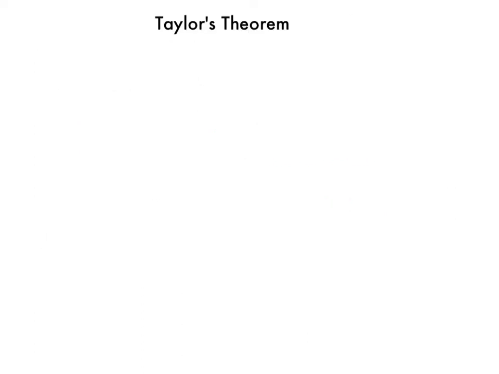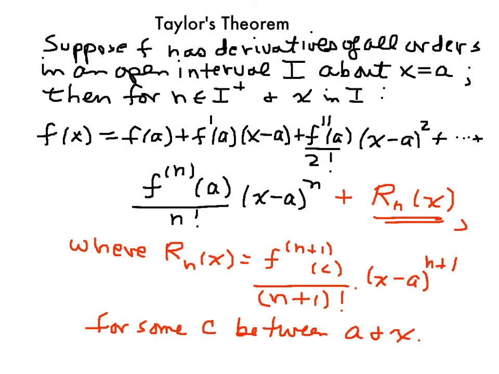Okay, so now let's put down what Taylor's theorem says, and Taylor's theorem is what gives us that first handle on how to compute an error in general. Okay, so here is what Taylor's theorem says. We begin with the natural assumption that f has derivatives of all orders in some open interval I about x equals a, and a is going to be the center of this Taylor series.